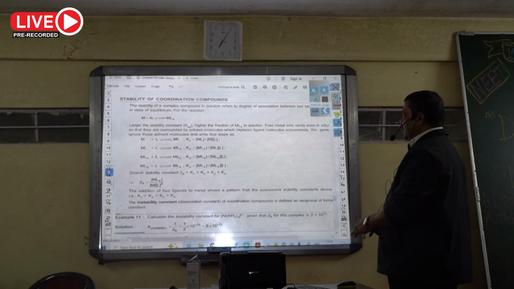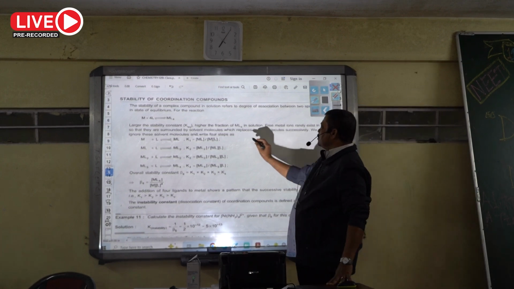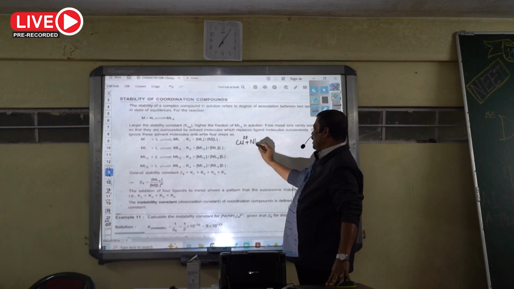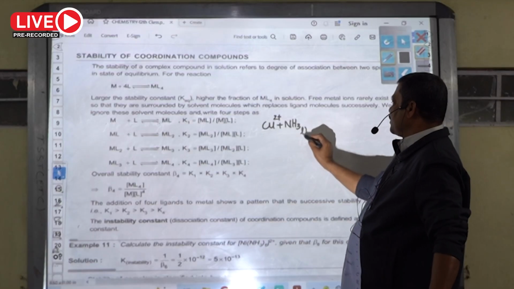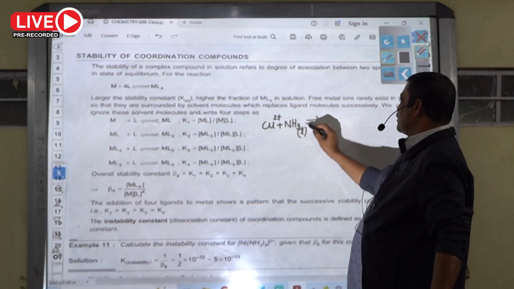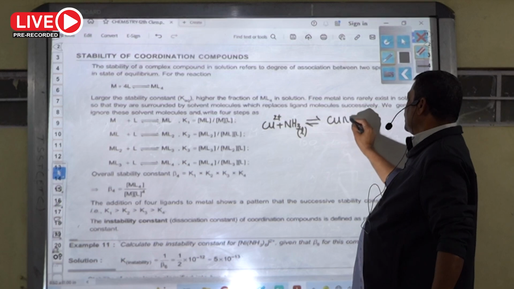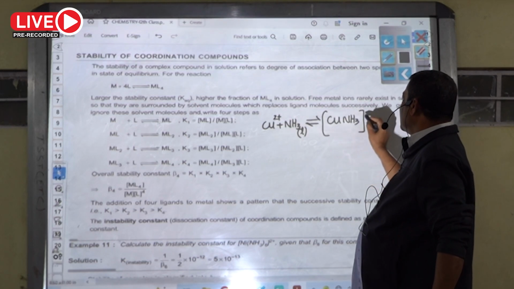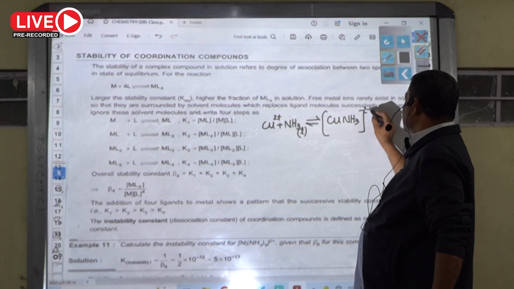For example, I am giving Cu2 plus plus ammonia liquid gives CuNH3 2 plus.